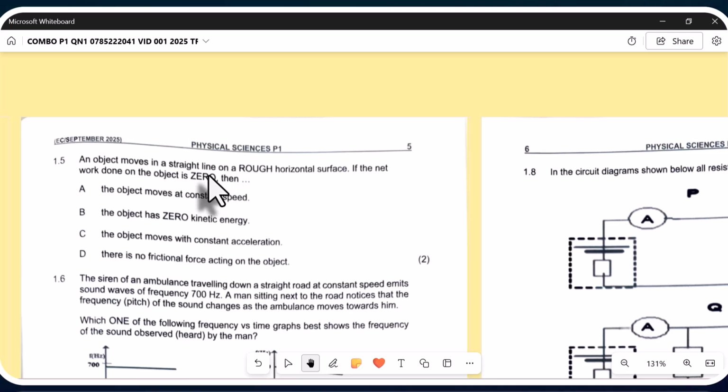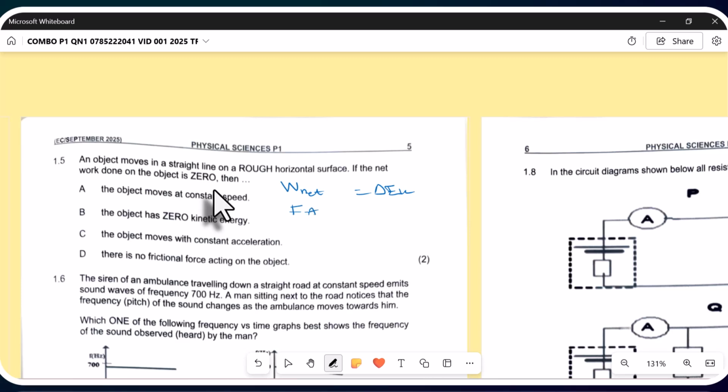Work net equals change in EK. And then the work net is going to be the applied force minus the frictional force because it's moving, equals a half M, V final squared minus V initial squared, okay?